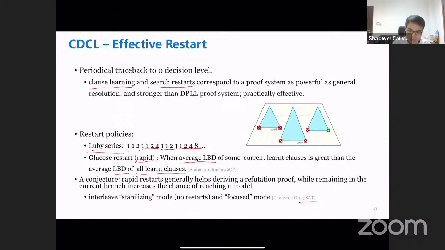So in his work, according to this conjecture, he proposed to interleave between stable mode and focused mode. In stable mode, we do not restart, so we just keep the search stable in order to find a solution. And in the focused mode, we restart quite a lot because it has been shown that for solving UNSAT problems, frequent restarting is helpful. And now many solvers also interleave between these two modes of restarting policies.